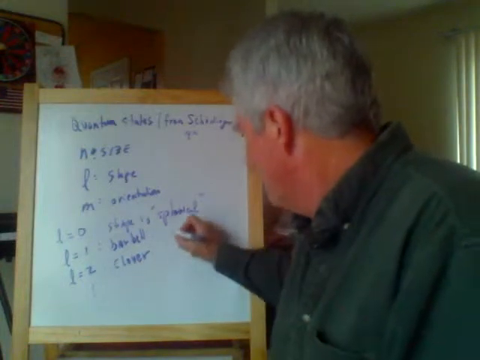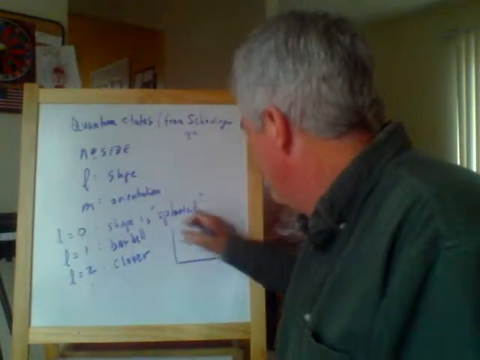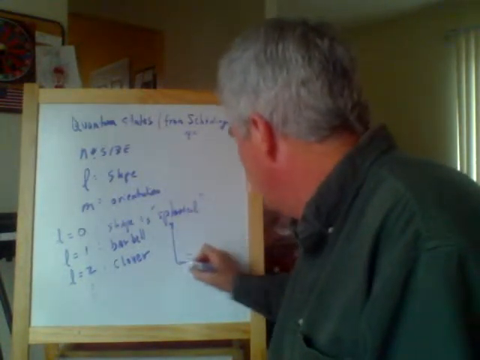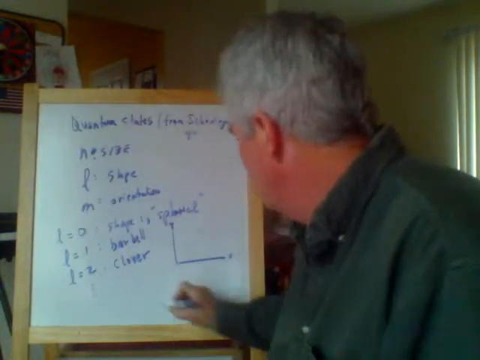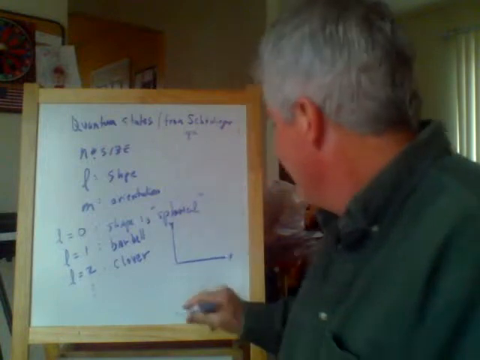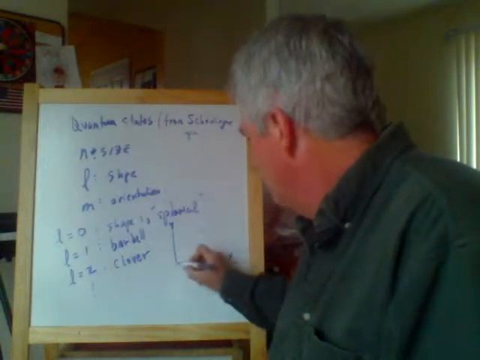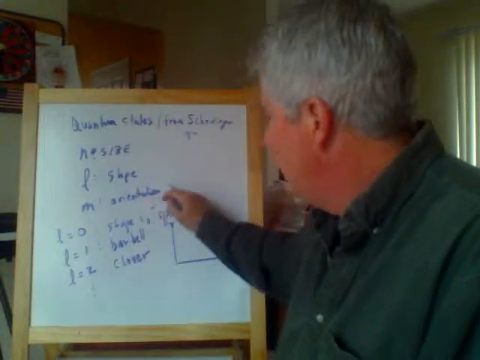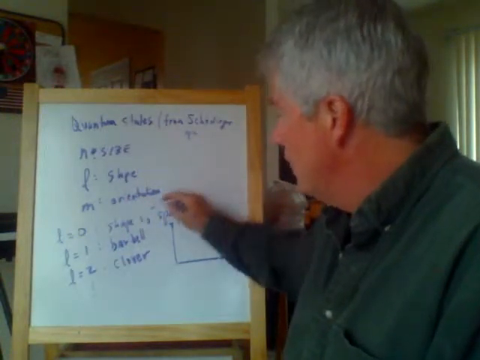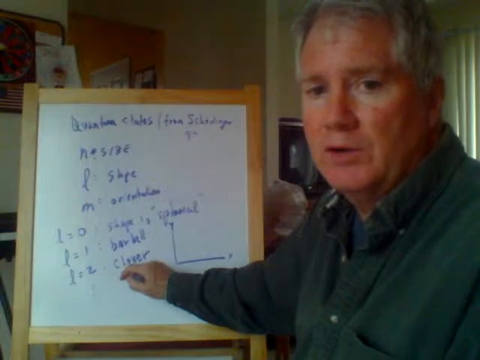So in the case of clover, I'm going to draw the y and the x, and I'll draw in the z. Again, the z is just perpendicular here. For the clover ones, if you remember, the orientation will be between -2 and +2, so there are actually going to be 5 orientations for clover.